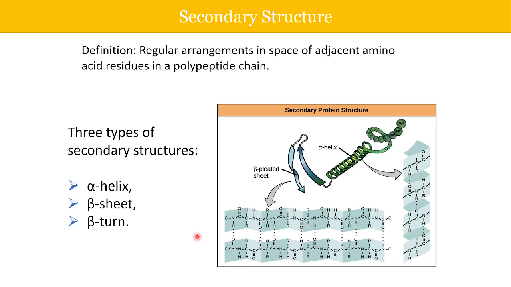On the basis of that, there can be three types of secondary structures. One is the alpha helix. From the name we can understand there is a helix formation, a coiling. Then we have the beta sheet or the beta strands. These are long segment-like structures. And the last one is the beta turn, or we can call it the coiled regions.